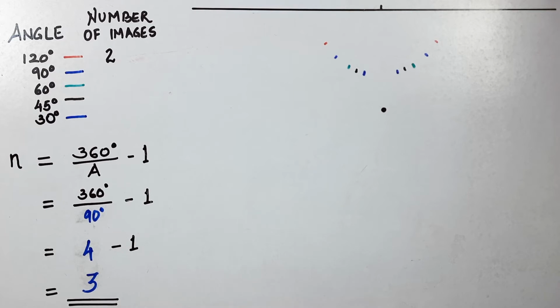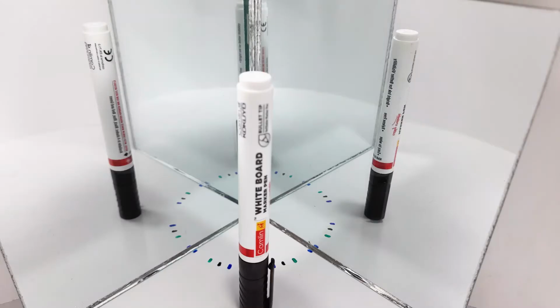Let us see practically, do we observe 3 images or not? So here I have arranged the mirrors at 90 degree angle, and I have placed the marker on its spot, and we can see very clearly that there are 3 images. The image in the center is slightly broken because the mirrors are not exactly joining each other, and the cut is not a perfect cut.